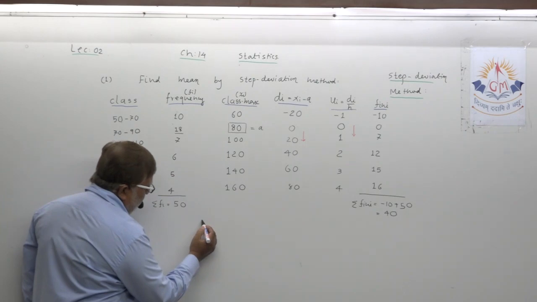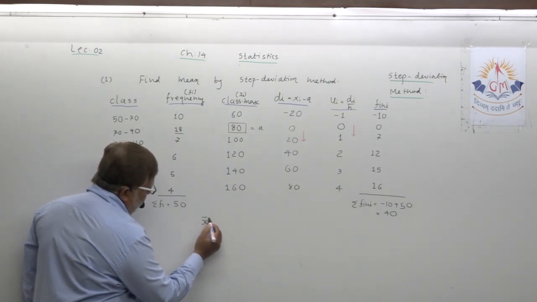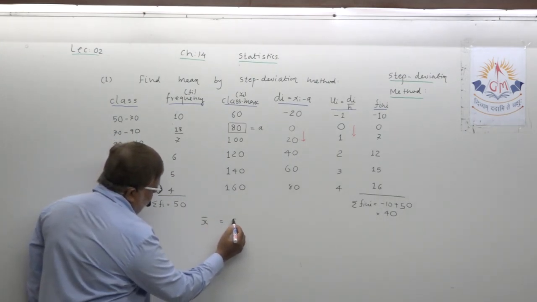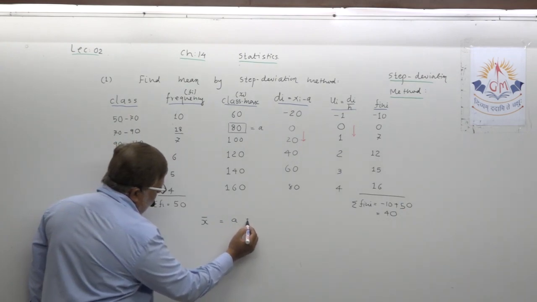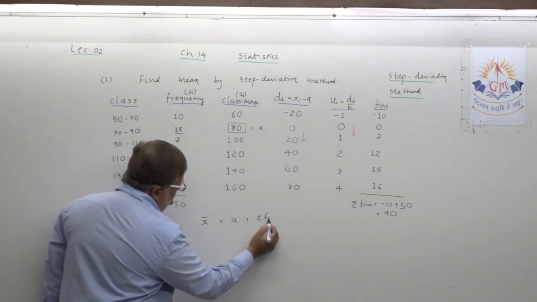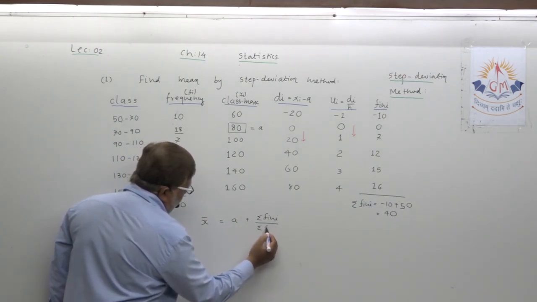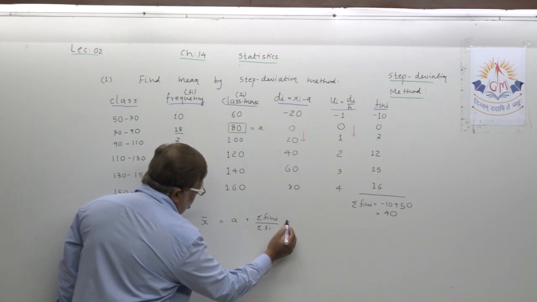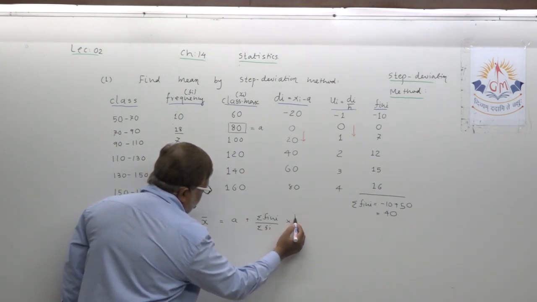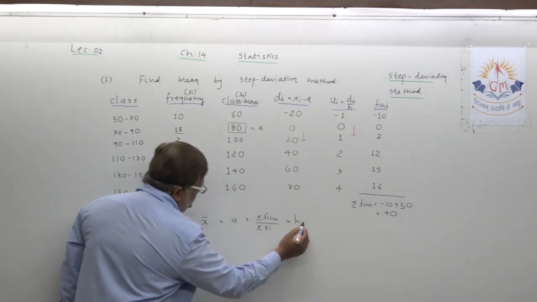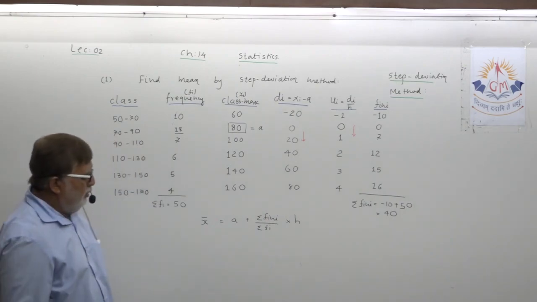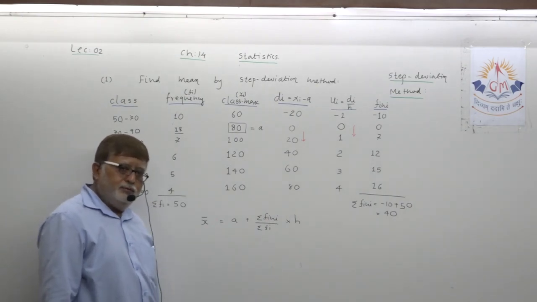And now, dear student, you need to remember the formula x bar equals A plus sigma Fi ui upon sigma Fi, into one additional factor in the step deviation method, that is class height.